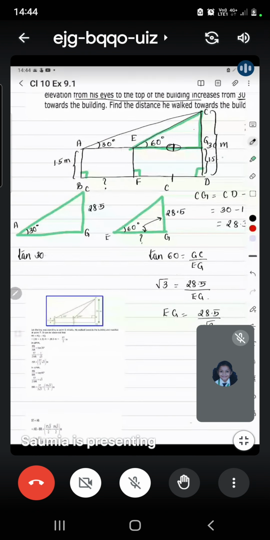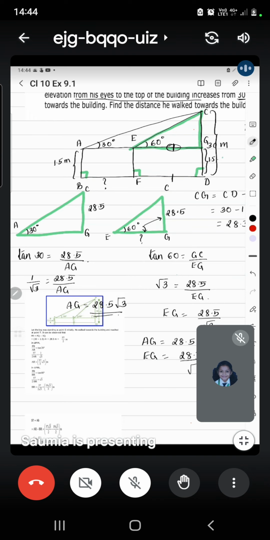This time it is tan 30 equal to 28.5 upon AG. So what is tan 30? 1 by root 3. So AG will be equal to 28.5 into root 3.